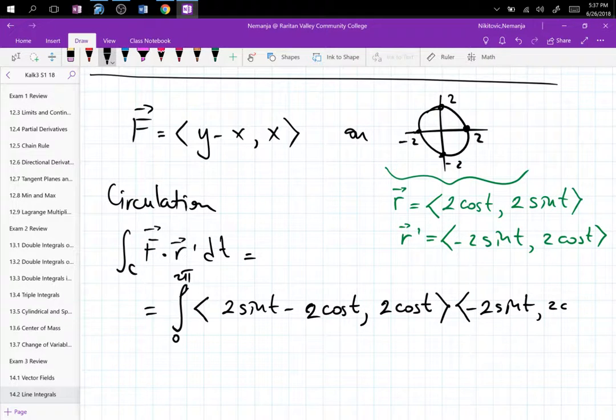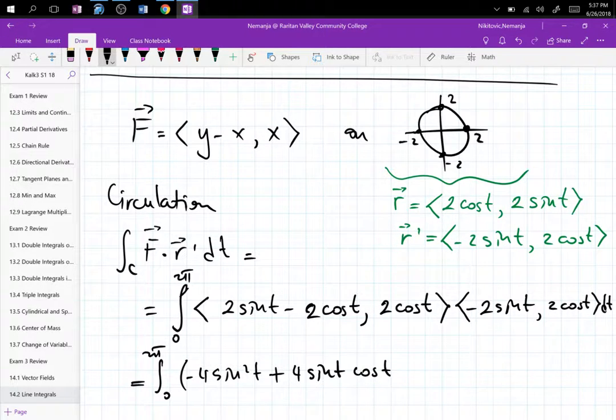Now we have to do the dot product. So negative 4 sine squared t plus 4 sine t cosine t, plus 4 cosine squared t, close parenthesis, dt. Is this good?